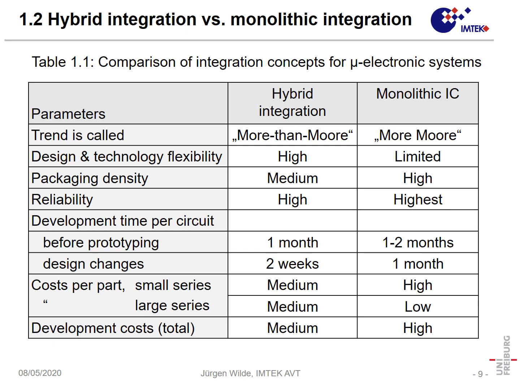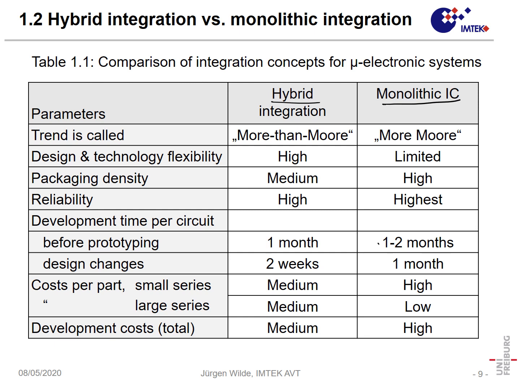And in that way, we can compare two technology lines. One is monolithic integration, and the second is so-called hybrid integration. Hybrid integration means we have different device technologies and integrate them in a system, for instance, in an embedded system. Okay. The trend in IC is more Moore, so smaller, more devices, and so on.